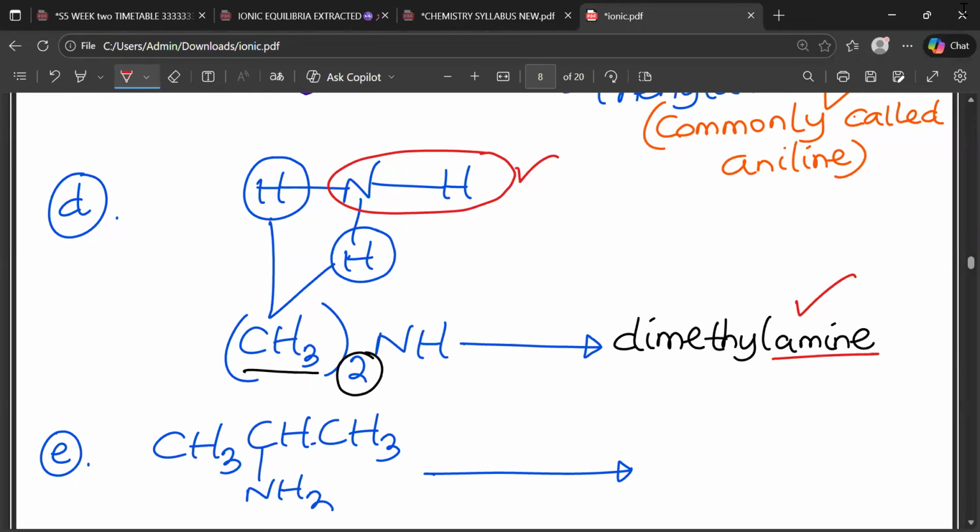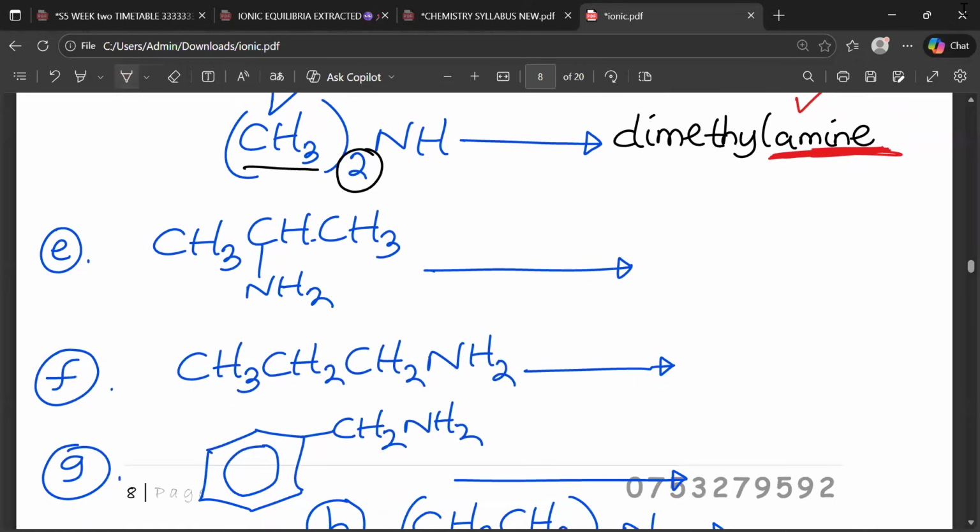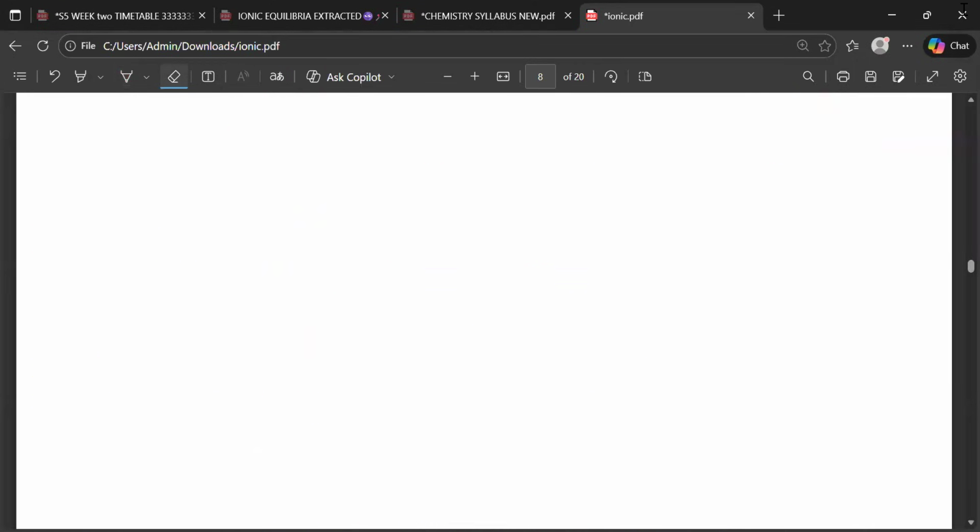But we always use one word, only one word. These ones are also amines, so that means the amino group is there as the functional group. Then the next one, how are you naming it?